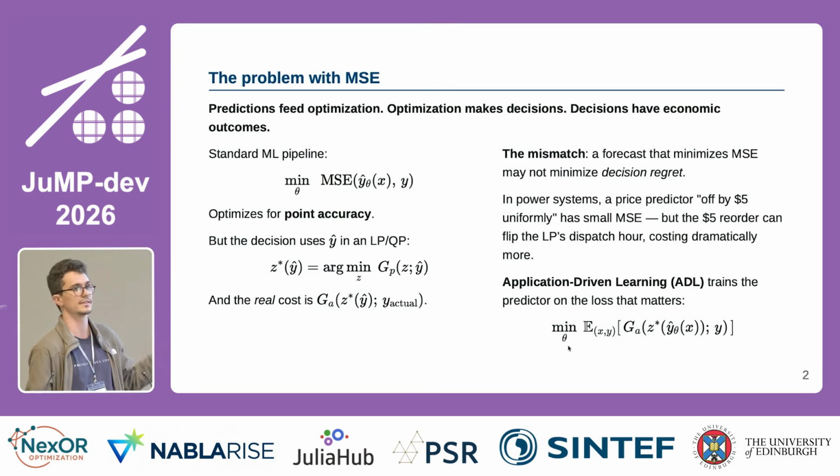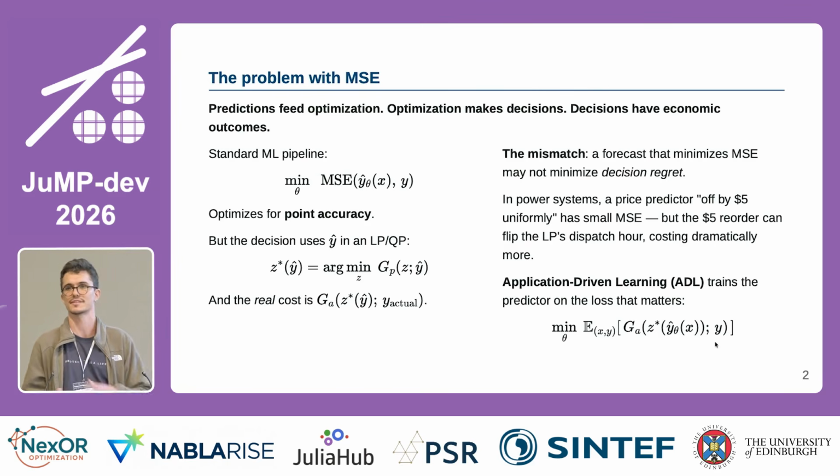So we are training the model, trying to get the best theta parameters, which are the parameters of the predictive model. We can think of it as weights from a neural network, or parameters from a time series model. But we'll train it not using squared error or absolute error, or any function like that. We use the costs of assessing the decision that will be made based on that forecast when faced with real values.